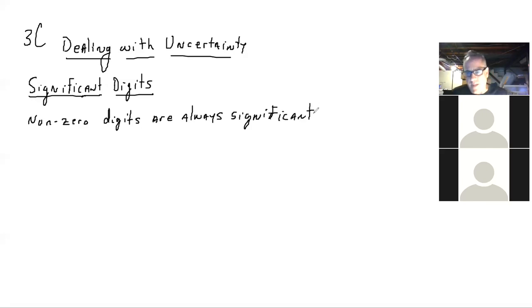There's never a case that they're not. Any non-zero digit is significant. So if I had the number 5,678, it would have 4 significant digits.